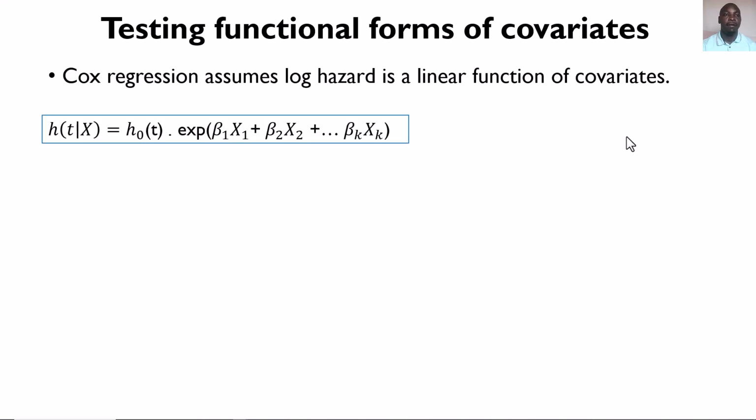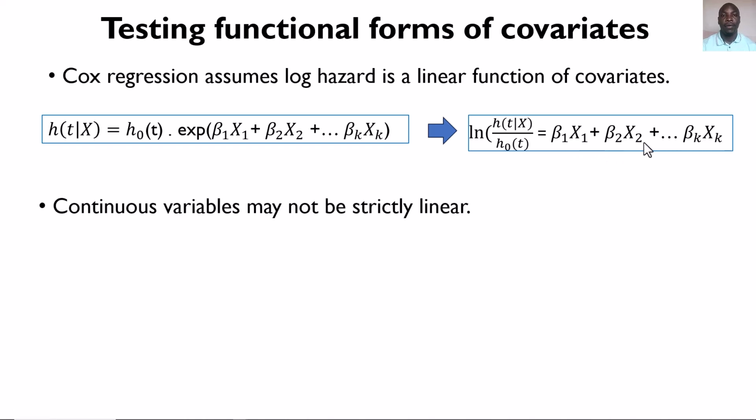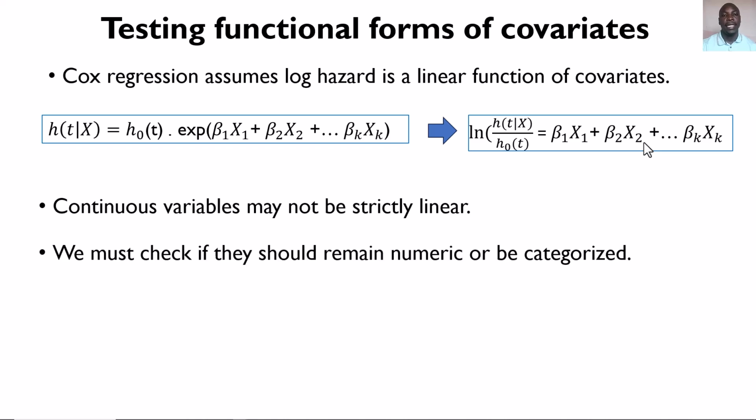That is basically from the way the formula for the Cox model is written out, as we can see here, or also written as the log of hazard at time t relative to the baseline as a linear function of covariates. For continuous variables, this may not be strictly linear, so we must check if they should remain numeric or be categorized. But if we are to categorize, which criteria should we follow in the categorization?